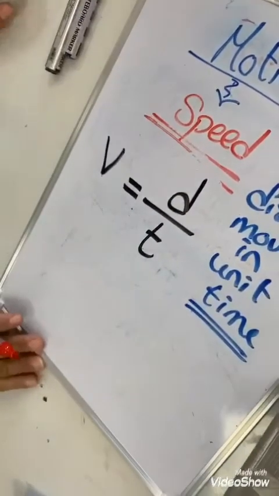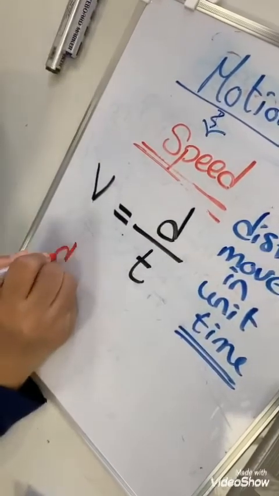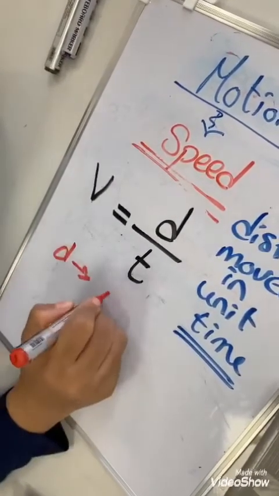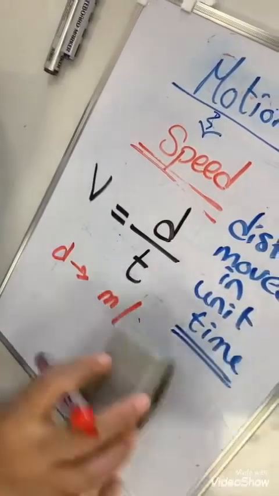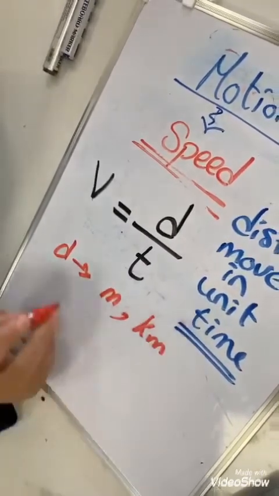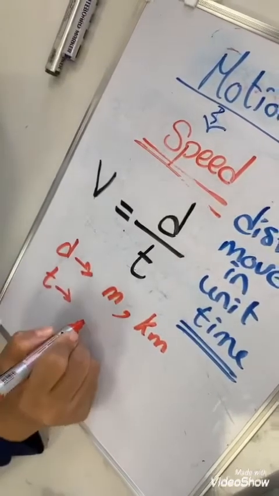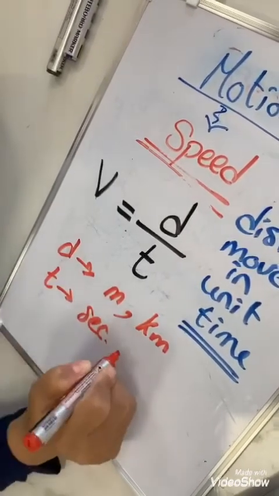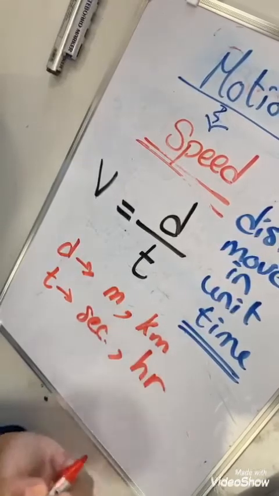Right, let's see the units. Distance has a unit, meter or kilometer and so on. Time has a unit: second, minute, hour, and so on.